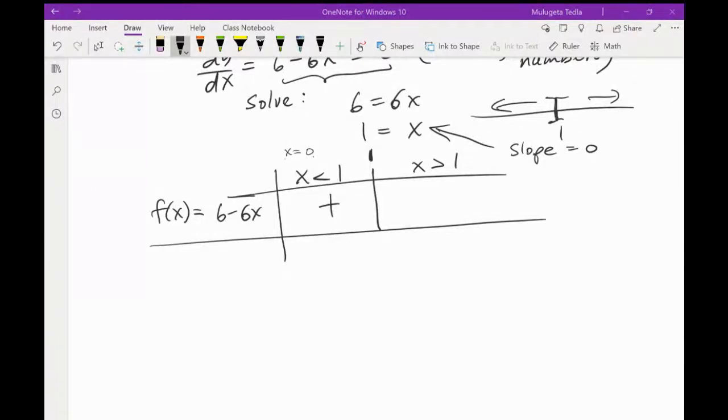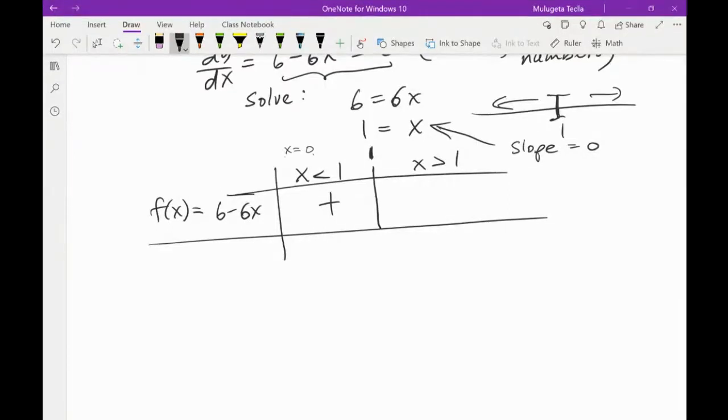So what is the derivative, which is a slope, equal to? What is the sign of it? I want to check the sign so I can tell which part is increasing and which is decreasing.